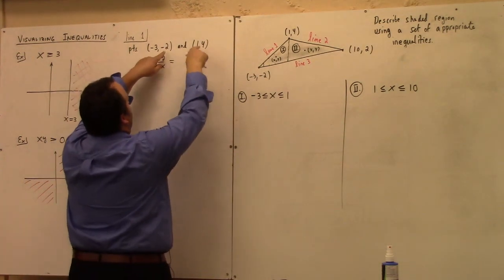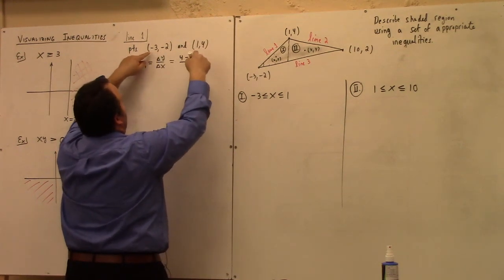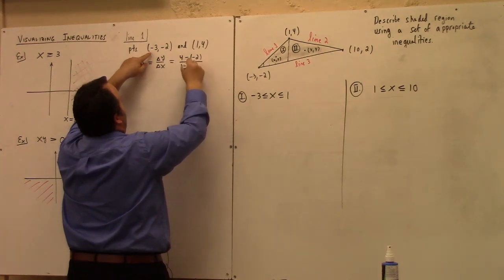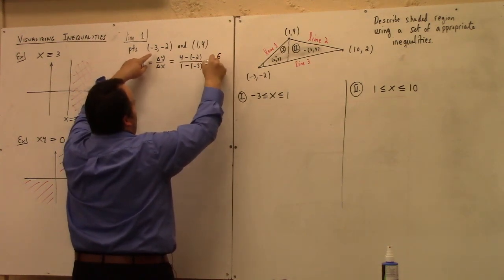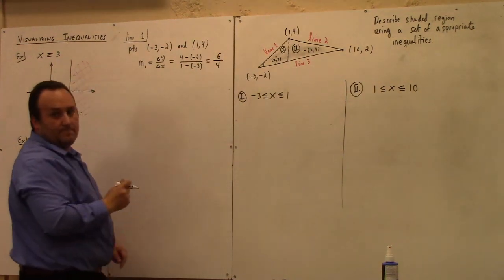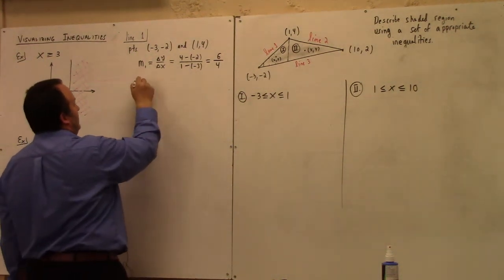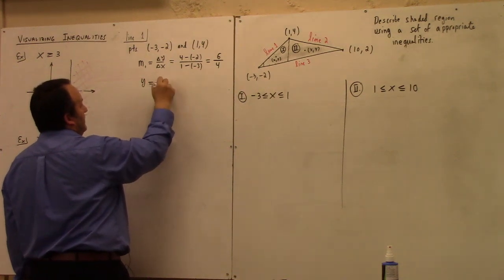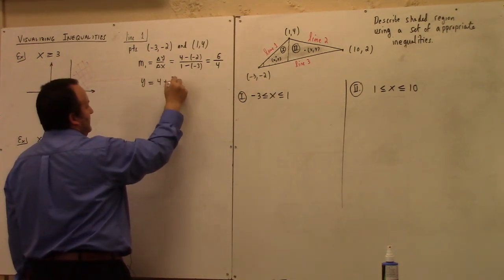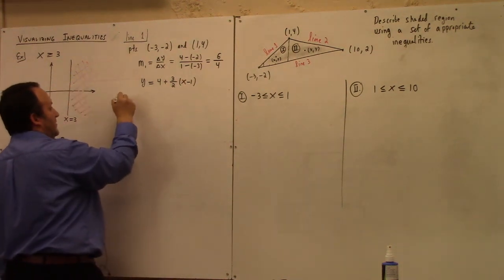So how about 4 minus -2 divided by 1 minus -3. Looks like the slope should be 6 over 4, right? So I think the slope is 3/2. That gives me y is equal to 4 plus 3/2 times (x minus 1) using point-slope.